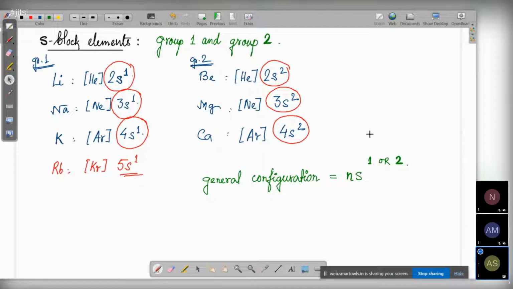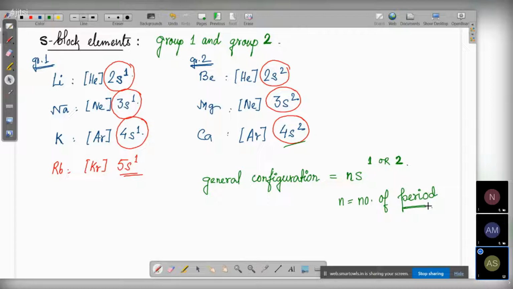If it is group 1, it will be ns1, and if it is group 2, it is going to be ns2. So if you combine them, it is ns either 1 or 2. There can be either 1 electron or 2 electrons present in the valence shell. And what is n? n is the number of the period.